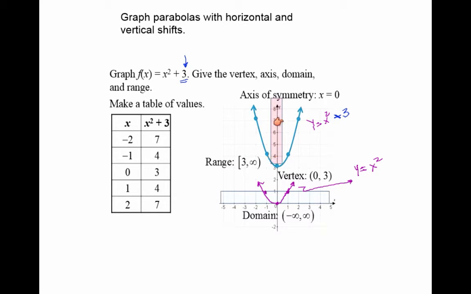But the range would be the values of y. The range has to be above 3 on the y-axis. So all the numbers from 3 and up, or in interval notation, bracket 3, because 3 is included, all the way to infinity would be the range.